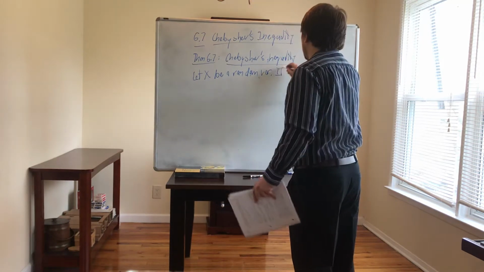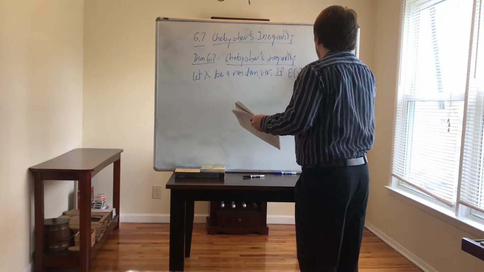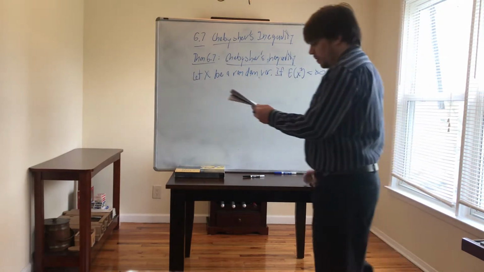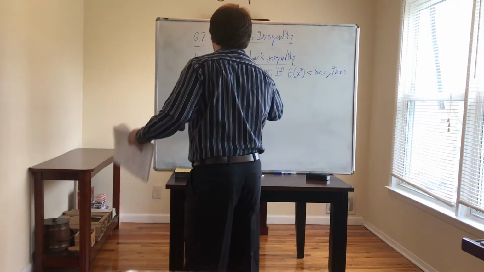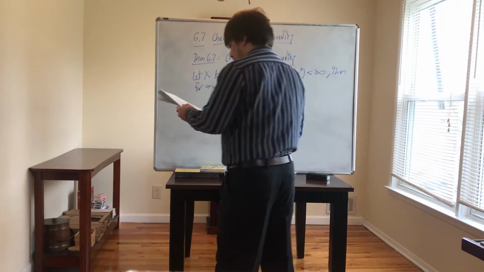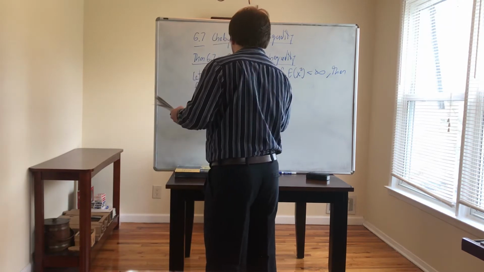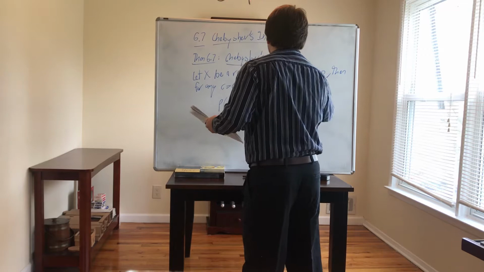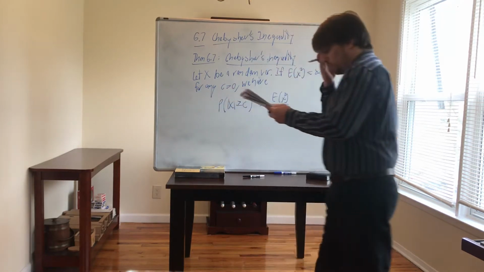If E of X squared is finite, that's what that notation means, then for any constant c greater than 0, we have that the probability that the absolute value of X is greater than or equal to c is less than or equal to E of X squared divided by c squared.